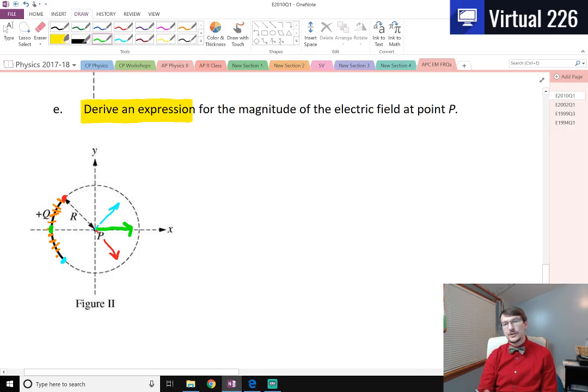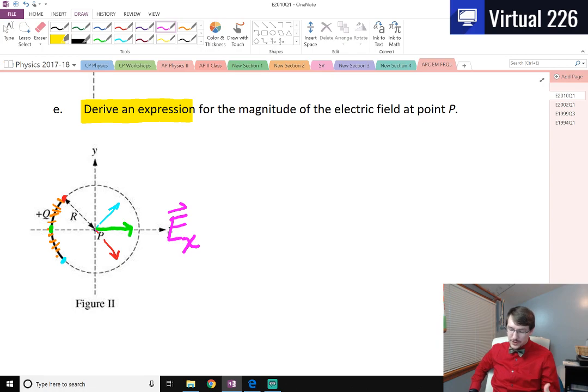So that green bit of charge on the x-axis is actually going to push in the x direction more than the charges on the end. And because of that, to find the total electric field in the x direction, we need to add up the components of all of these charges.